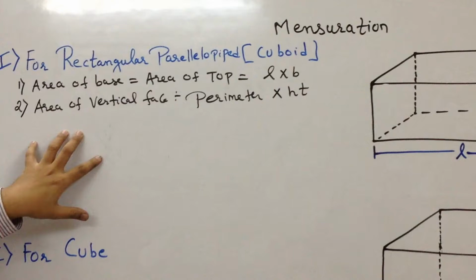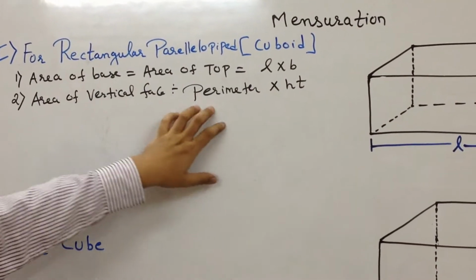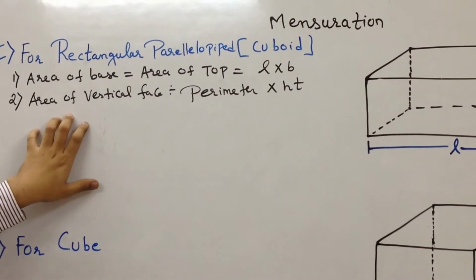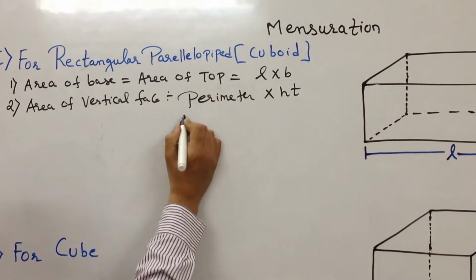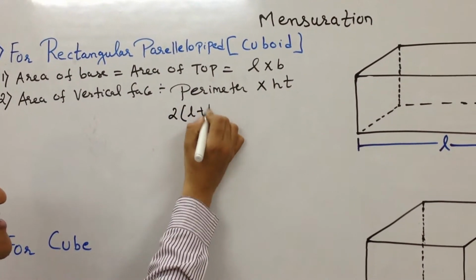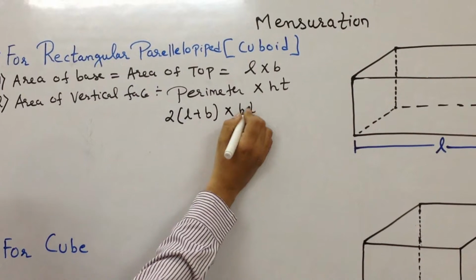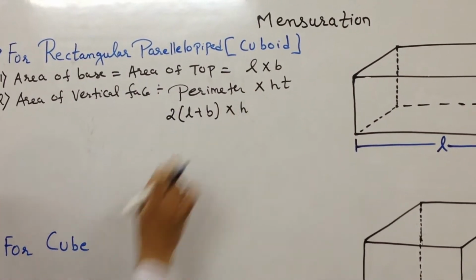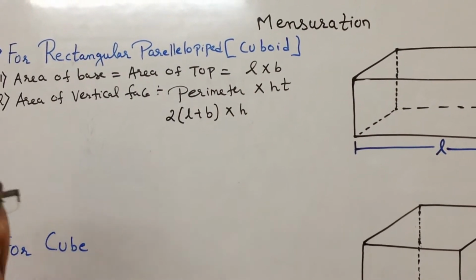Now when I have said the general formula is perimeter into height for area of vertical face, let me first write down the formula. The formula is twice (L plus B) into height, that is h.